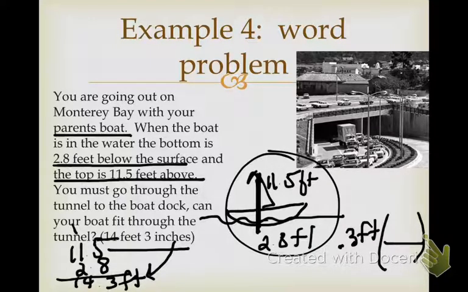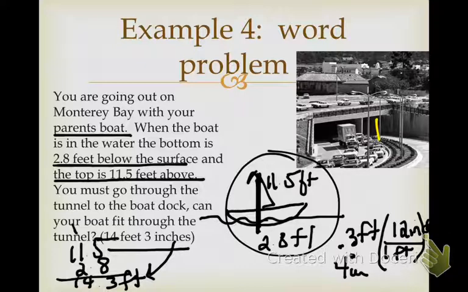How can I convert my 0.3 feet to inches? Well, I know if I have 1 foot, I have 12 inches. So 0.3 times 12 gives me 4 inches. So if I want to go through here, I'm going in the tunnel.